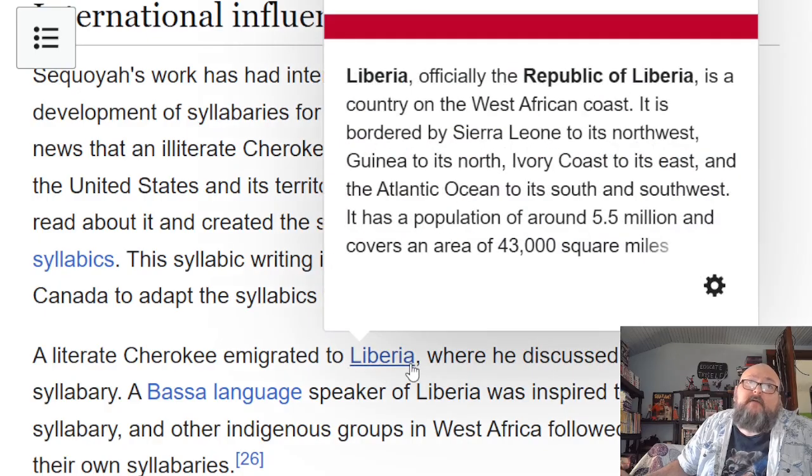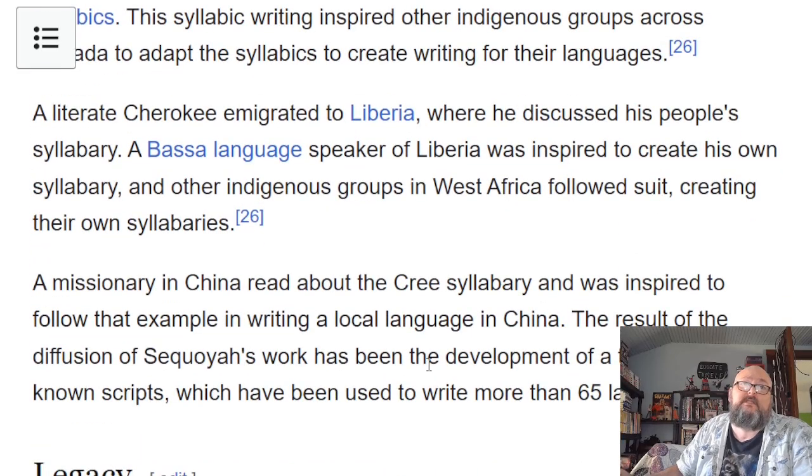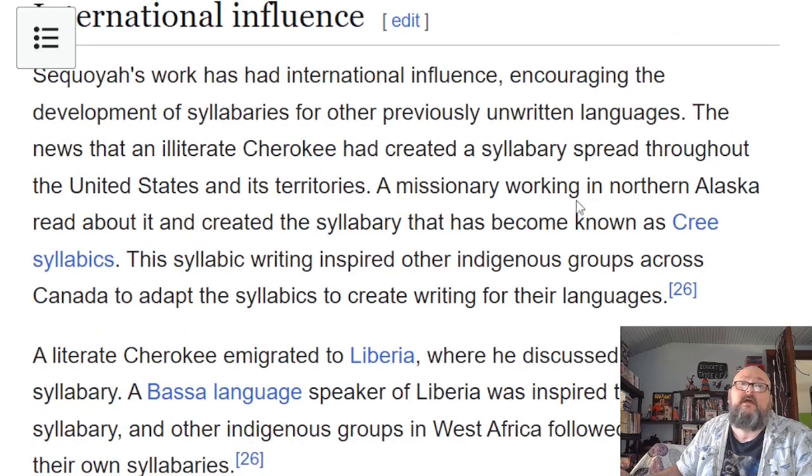So there's how it gets to Africa and Asia. There's a literate Cherokee that immigrated to Liberia, which is an African nation, and discussed his people's syllabary. And a Bassa language speaker of Liberia was inspired to create his own syllabary. And other indigenous groups in West Africa followed suit. A missionary in China read about the Cree syllabary, which was probably inspired by the Cherokee.